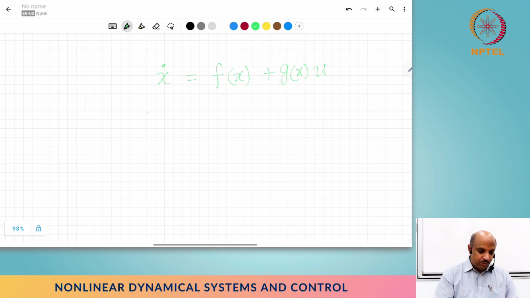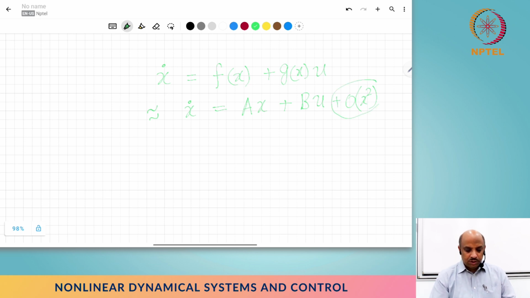This can be approximated to a system that looks like x dot equals ax plus bu plus some higher order terms, let's call them x squared or something like that. Hopefully, in the very close proximity of wherever we are, this is so small that it doesn't matter, and so we can treat this as a linear system.